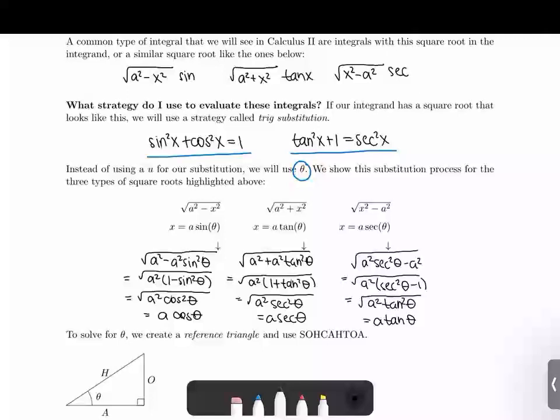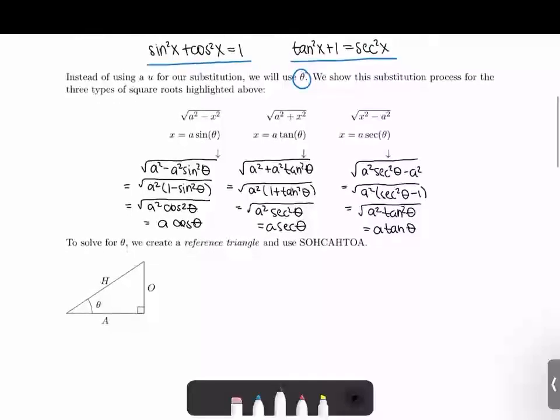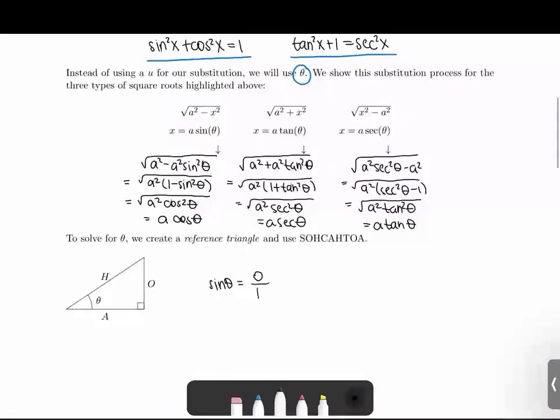So what we need to do now is, like our normal u substitution, we need a process to put it all back together. So that means we're going to need to solve for theta. To do that, we're going to use a reference triangle and use SOHCAHTOA from geometry. So remember that SOHCAHTOA tells us that sine of theta equals the opposite over the hypotenuse.